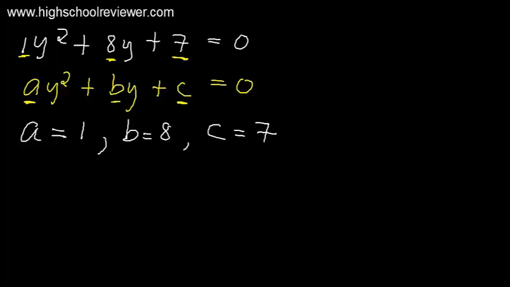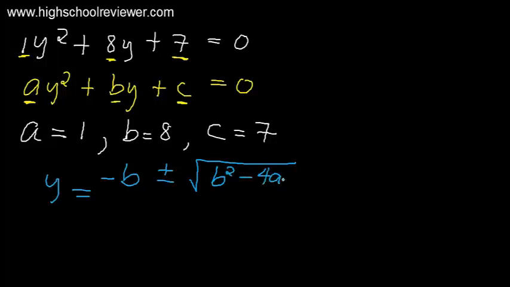Okay, and then we will write this. We are now going to write the quadratic formula. Our quadratic formula is y is equal to negative b plus minus the square root of b squared minus 4ac all over 2 multiplied by a. And then we are going to substitute the values of a, b, and c to our equation.